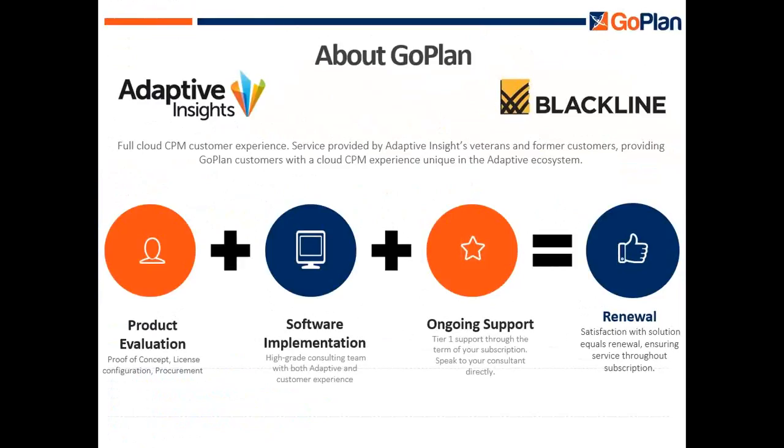The benefit there is when you're going through a sales and evaluation process, you communicate a lot of requirements to the folks you're working with. Oftentimes, when you then transition over to the service environment, a lot of that information is lost and you have to repeat it over again.